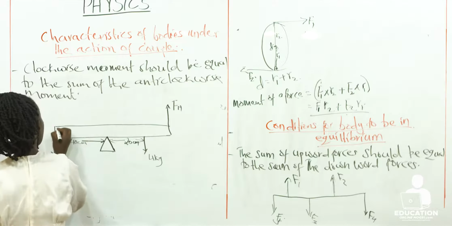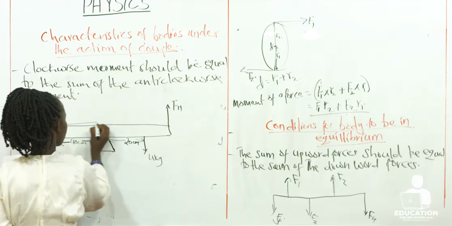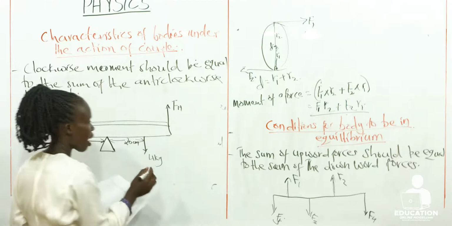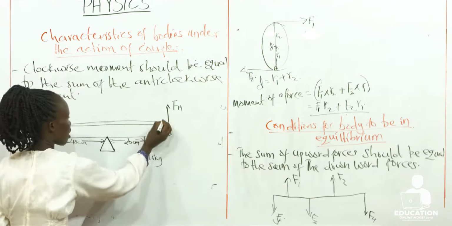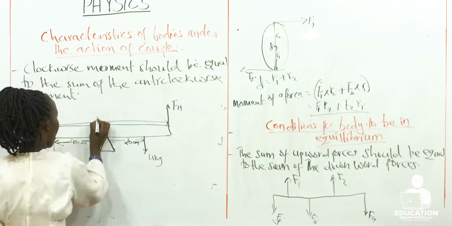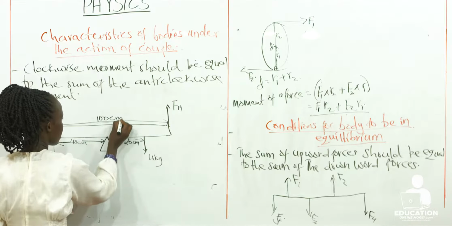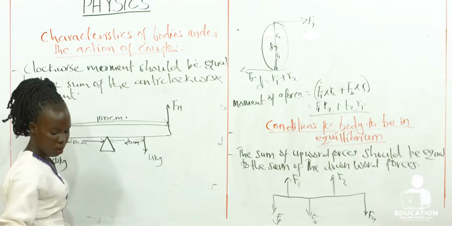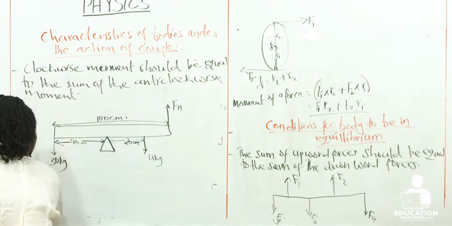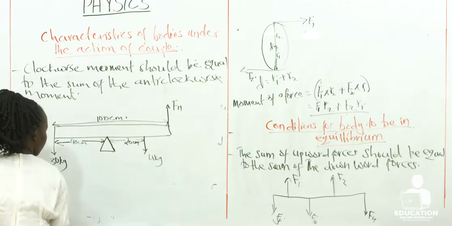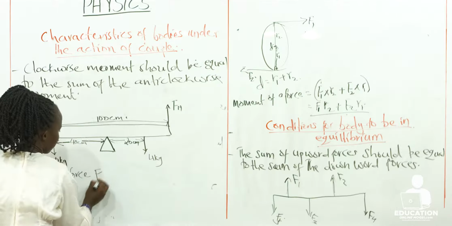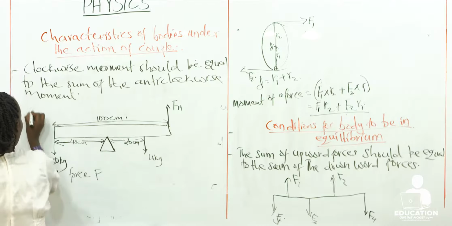We have the whole of this, up to this point of application of the force, as this distance here, which has been given to us as 100 centimeters. So they are telling us to find force F. So this is our example.